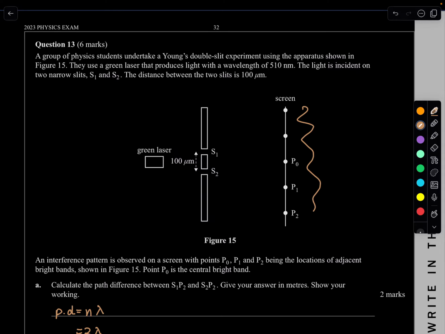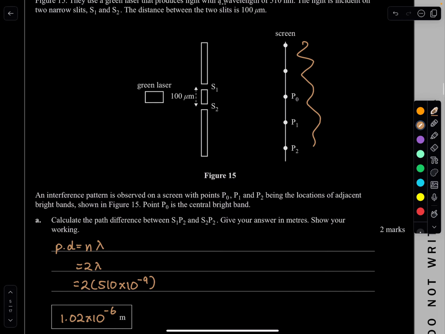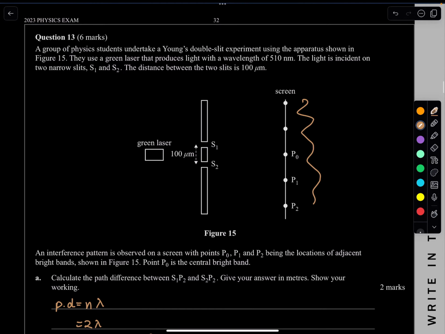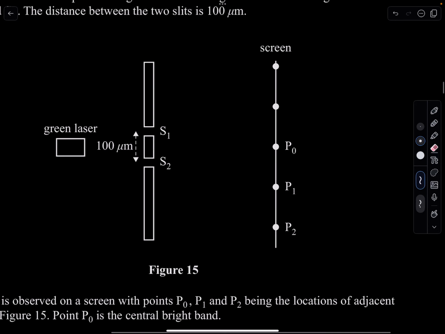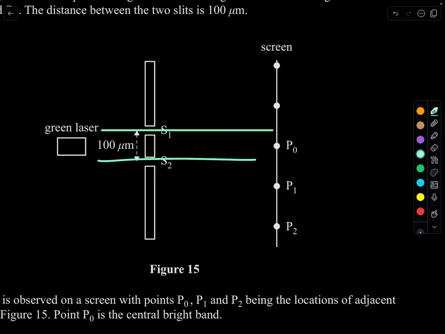The next mark comes from why and not the particle-like nature. Let's think about the particle-like nature here. Say you have this laser. What the particle model predicts is that when the laser hits the two slits, there would only be two bright bands. They even predicted that there should be only two bright bands.